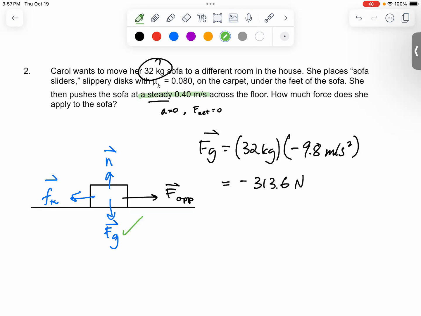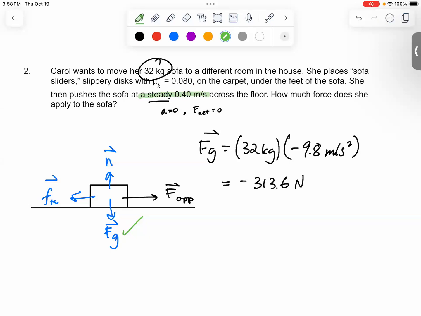Do we know any other force here? Any other force that we know? That's pretty obvious. The friction? Well, the friction is going to be the same as the applied force, but we don't know what the friction is yet. We could calculate it, but that's going to take us some more steps.